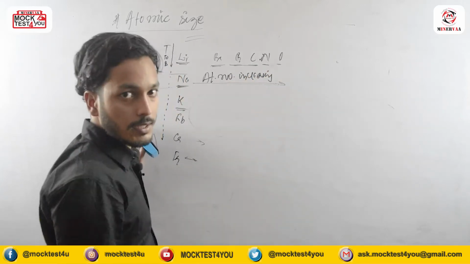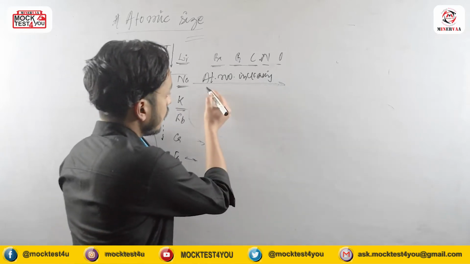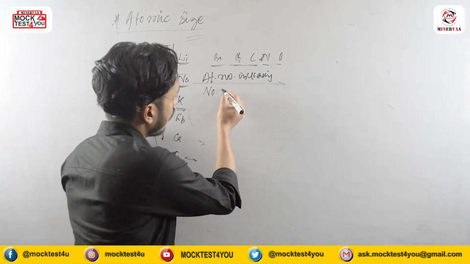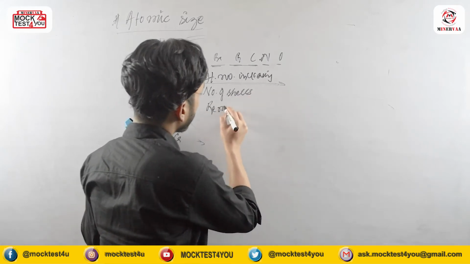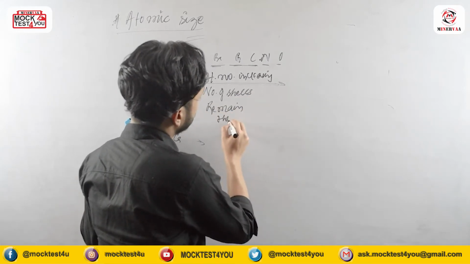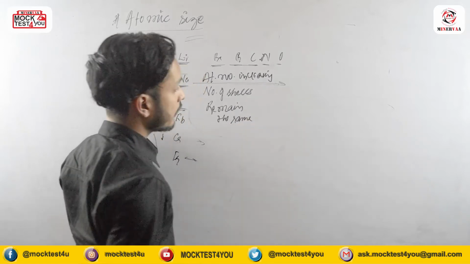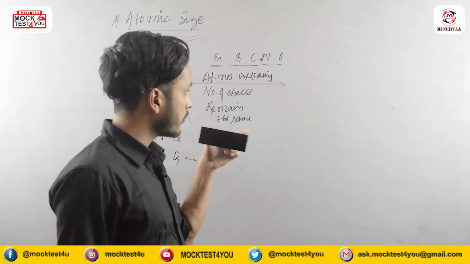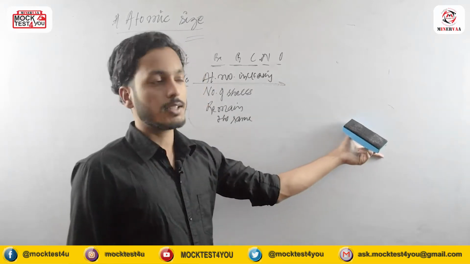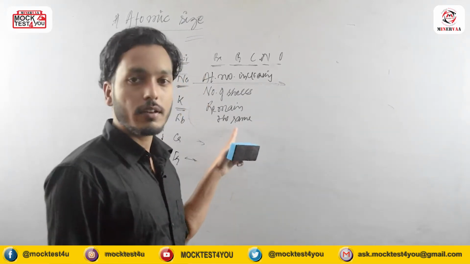But you will see that the number of shells remains the same, right? As you can see, since we are moving from left to right across the period, atomic number is increasing, but the number of shells is not increasing, right?